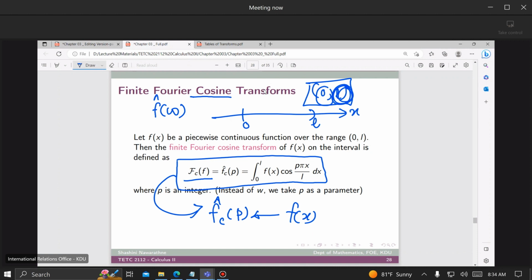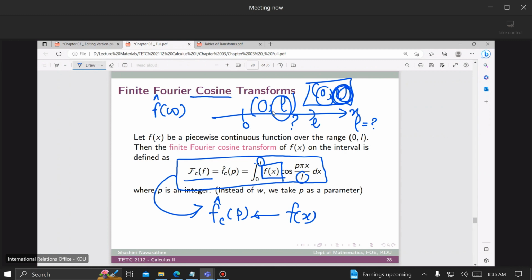We are finding the finite Fourier transform throughout the interval from 0 to some value, so first identify the value of L. Then substitute the respective function f of x and the value of L into the integral, evaluate the integration and obtain the answer.